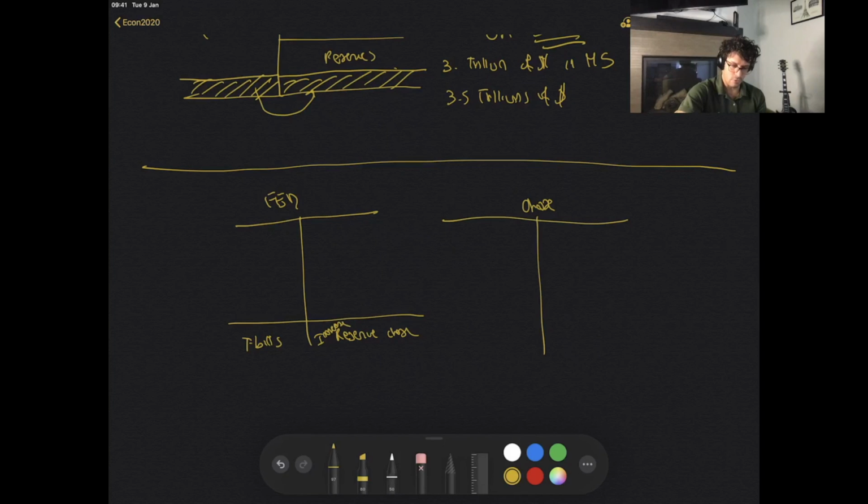Chase before had $5,000, now has $7,000. So it has 2,000 more in reserves than it wanted. So it starts putting 2,000 more in terms of loans.